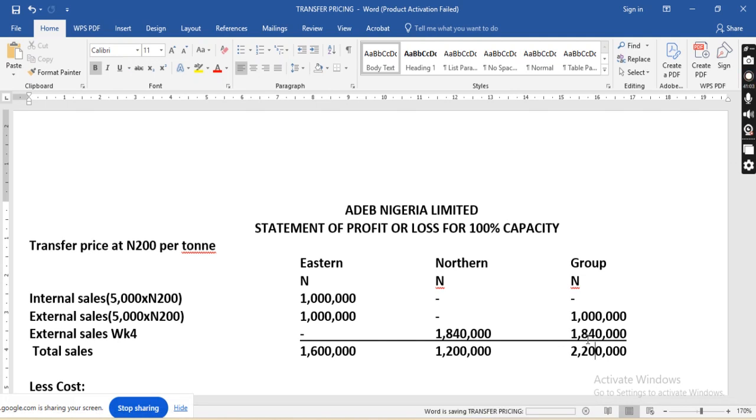When you add these two together, what do you have? Figure, please.